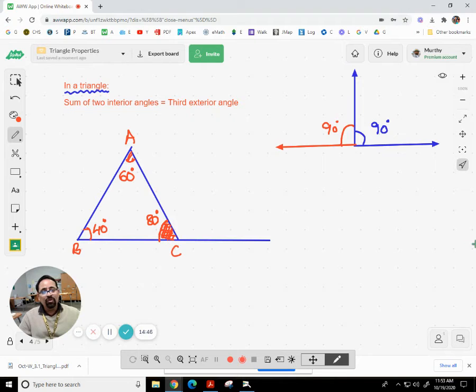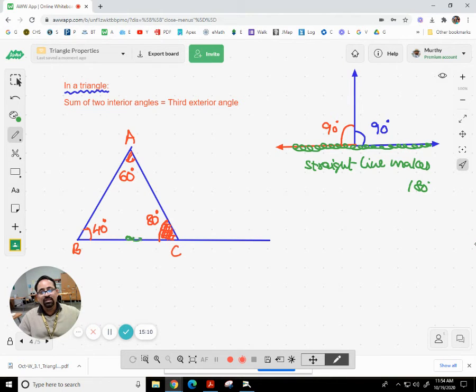If you add these two, you get 180 degrees. I hope you have noticed that these two angles together make a straight line. So the conclusion is a straight line makes 180 degrees.